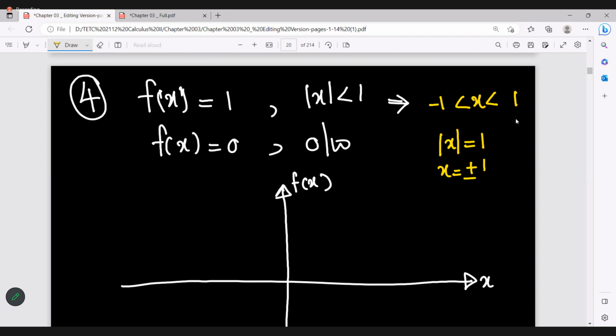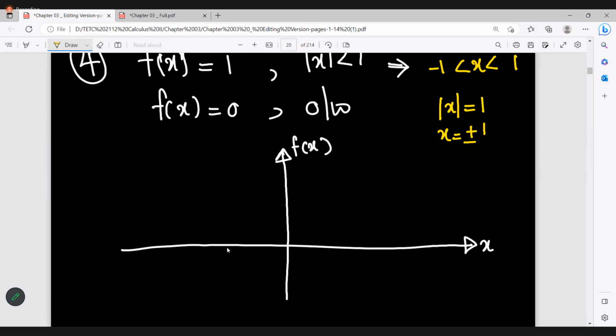So it is less than 1 means it should vary in between -1 to +1. So we can see that starting from -1 to 1, the function value is equals to 1. And it is f of x is equals to 0 for all the remaining cases. So this is the graph of the function.